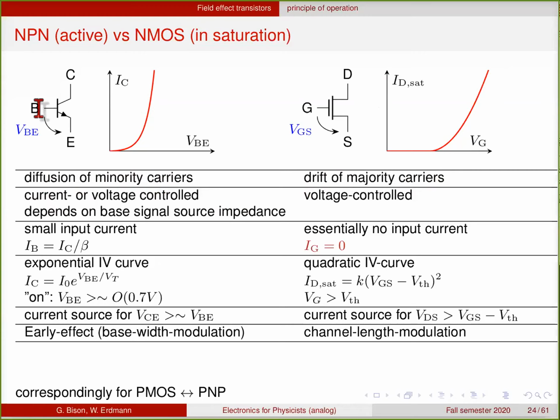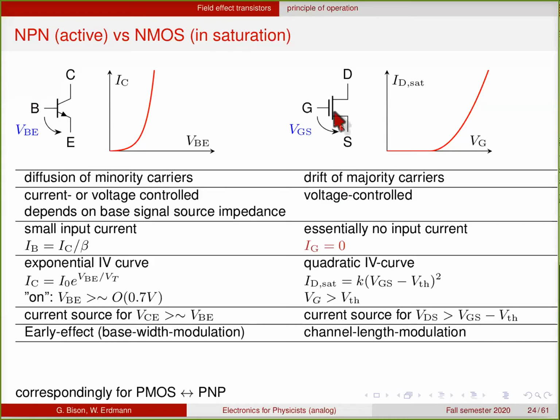Then you can view this transistor either as current controlled or voltage controlled, and what it is really depends on the impedance of your signal source. If you have a very low impedance signal source, then you can also operate a bipolar transistor as voltage controlled. But if the output impedance of the signal source is rather high, then the small input resistance of the bipolar transistor basically makes this a current controlled device.